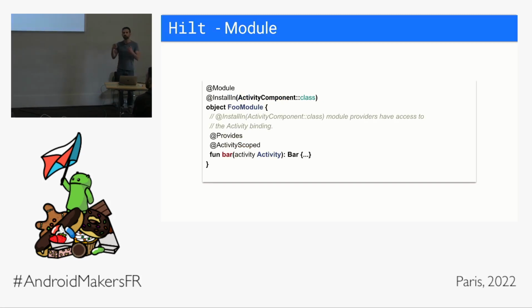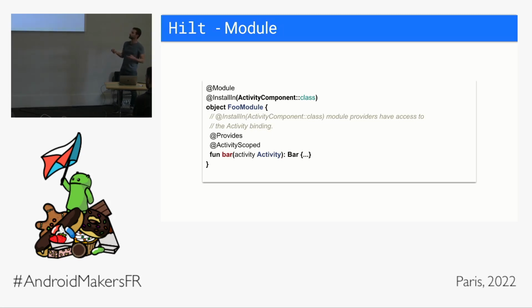And now, how does it work for modules? With regular, pure Dagger, when you create your custom Dagger component, you have to attach modules to it. You have to reference the modules you want to use with these components. With Dagger Hilt, because you don't get access to these default components, you create your Dagger module and use the @InstallIn annotation, specifying the Hilt component you want this module to be installed in.